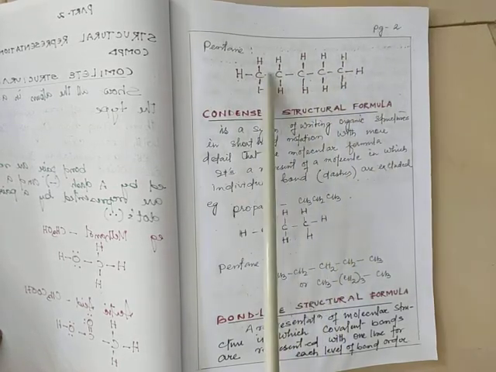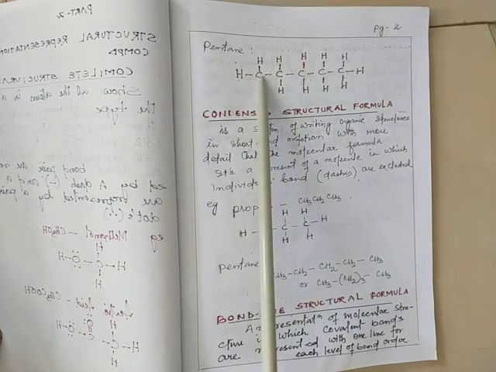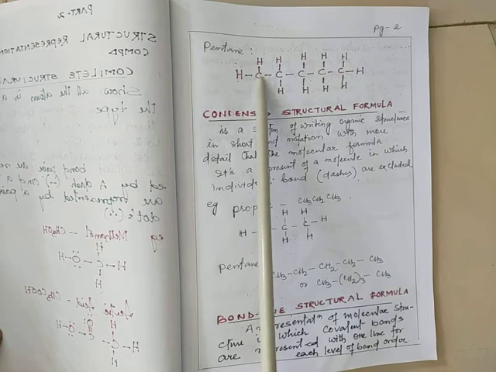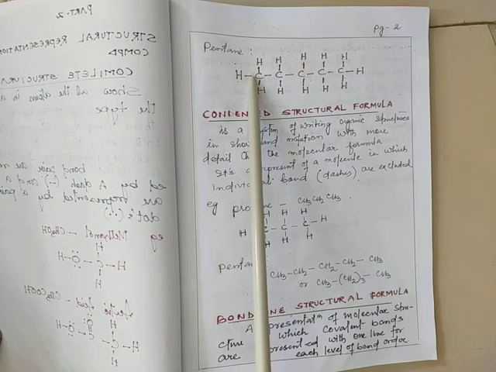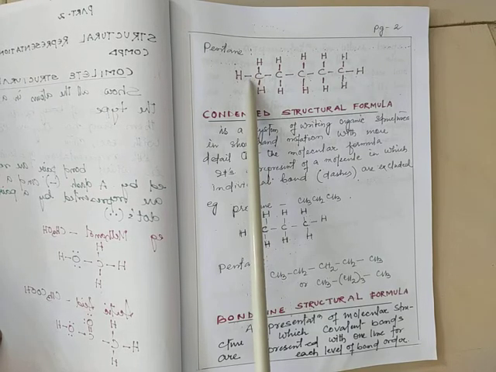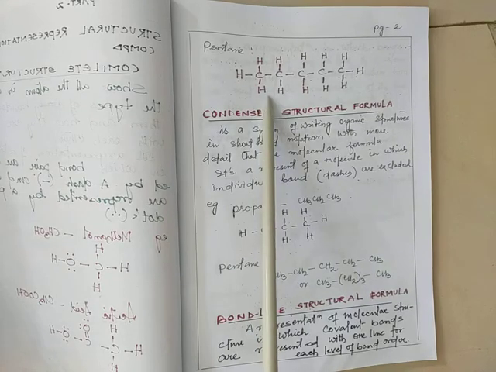So there are 12 hydrogens. These hydrogens are attached to the carbons by using a dash, and that dash we call a bond. So this is also an example of complete structural formula.